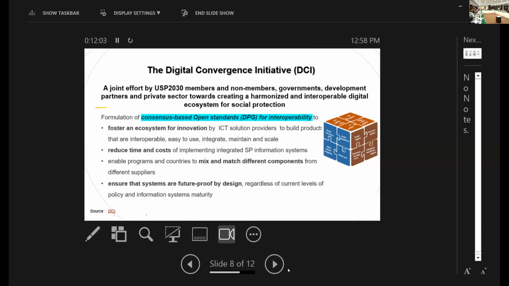The idea is to form a consensus-based open standard so that every country doesn't need to reinvent the wheel for interoperability standards, and to enable innovation so that different IT products could use the same standards, thereby reducing time and costs, and ensuring that systems are future-proof, because if you have a system today adhering to standards, tomorrow the upgrade could also use the same standards. Next slide, please.